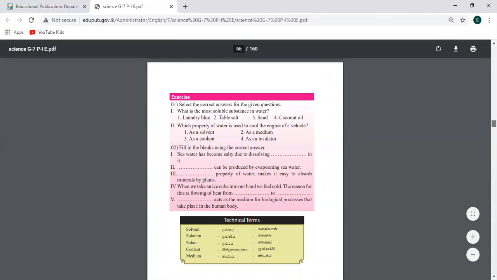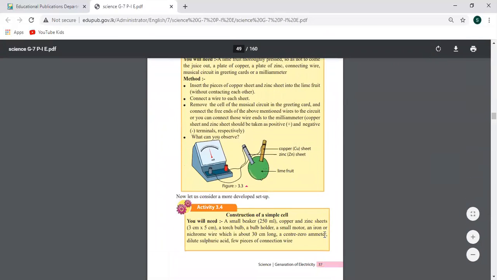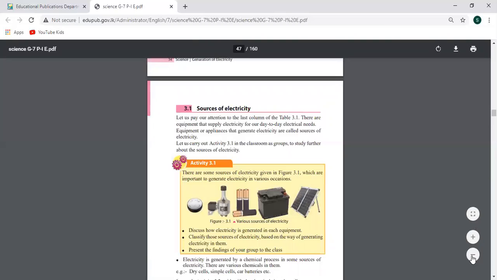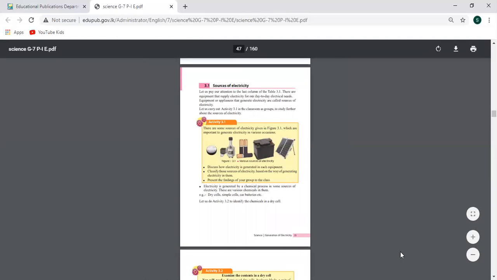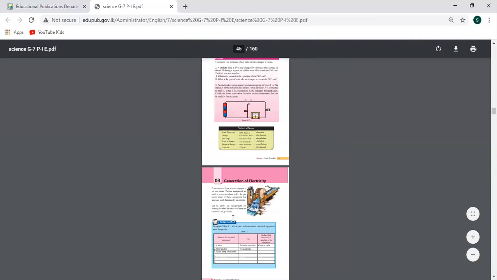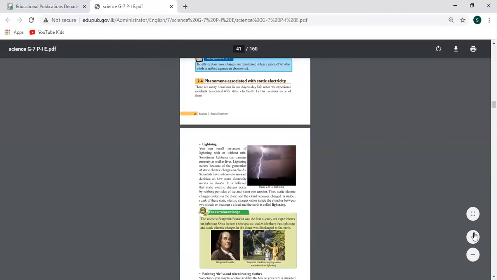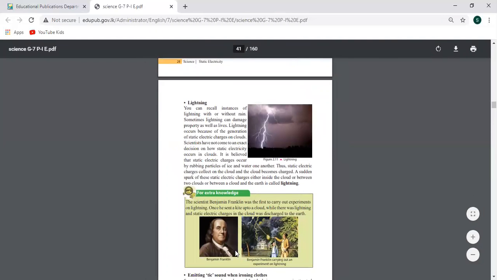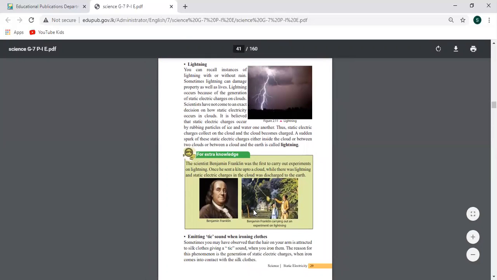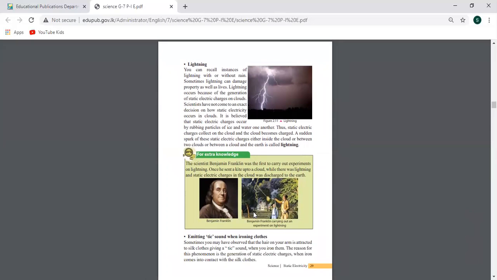When we talk about static electricity, we will discuss the scientists, because that's the thing we are going to mix. This scientist found static electricity, and that means Benjamin Franklin carried out experiments on lightning.